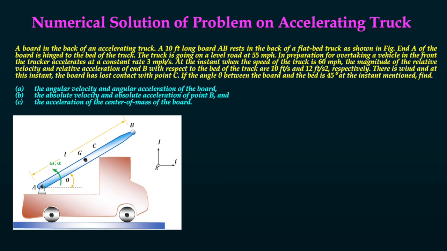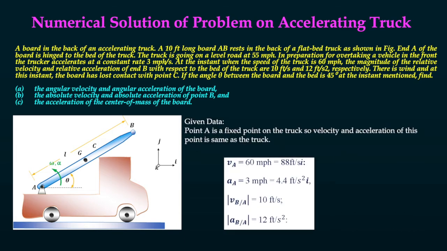And I told you, to solve any numerical, our first step is we need to understand what to find out and what data are given there. So let us note down the given data. What is the given data here in terms of the vector notation?